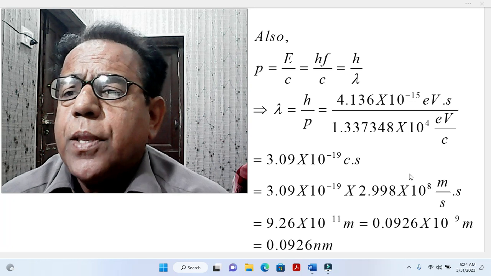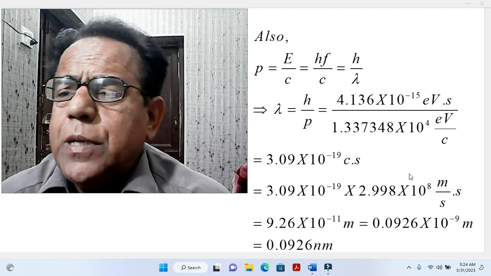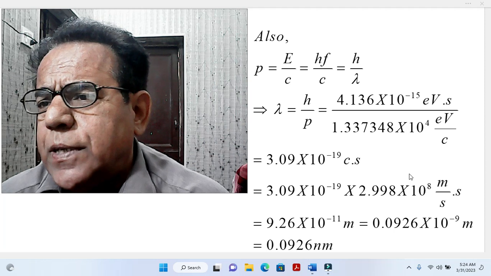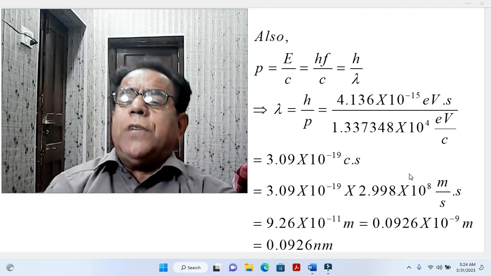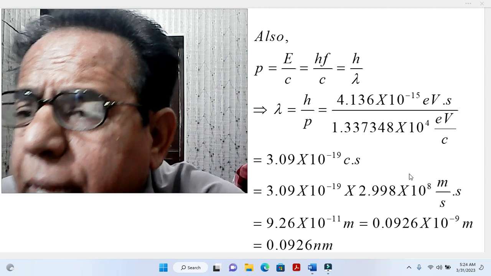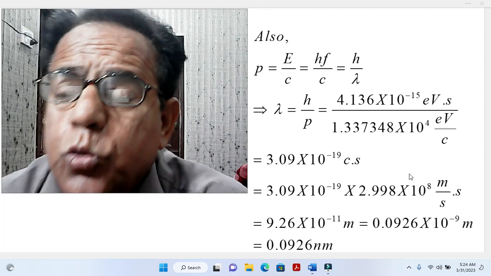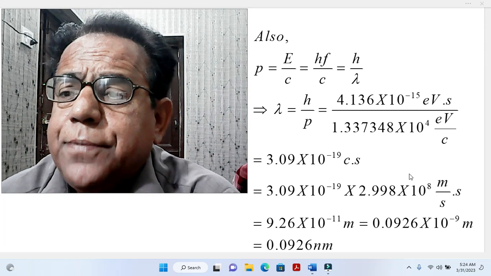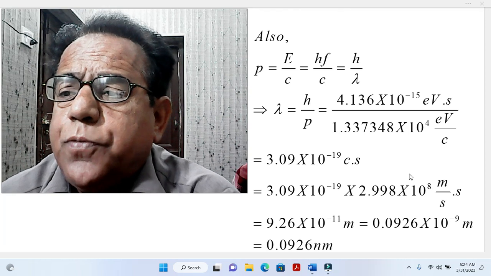When it is simplified, electron volt will be cancelled with electron volt, and our answer will become in terms of speed of light c into s. So in the next step, we are replacing c by its value in terms of meter per second.